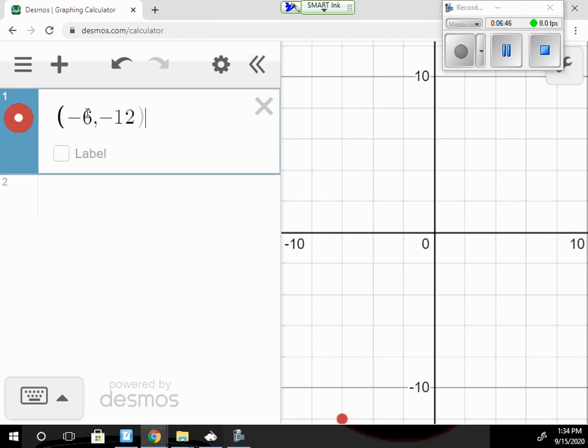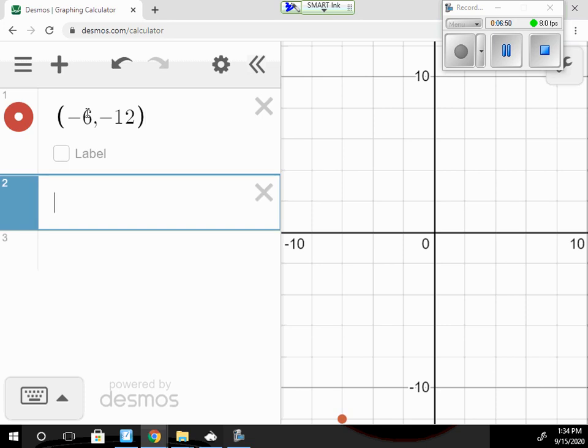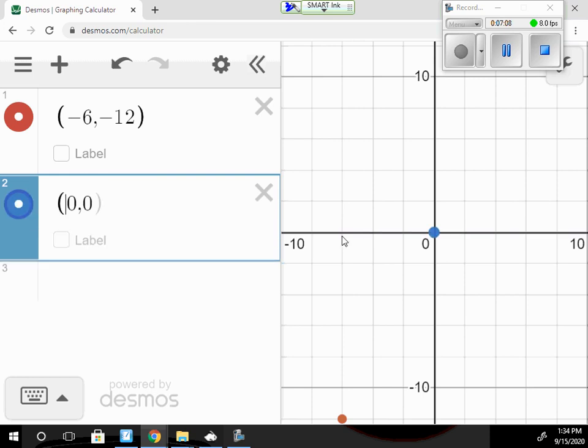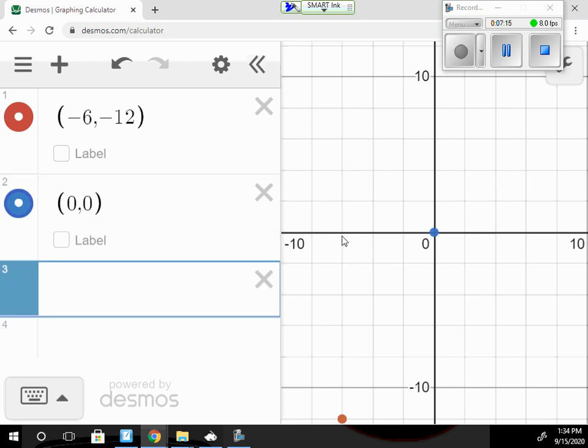You'll notice that if you don't put parentheses around them, a little hazard box comes up. I remember 0, 0 was one of my points. I think it was negative 2, negative 6.